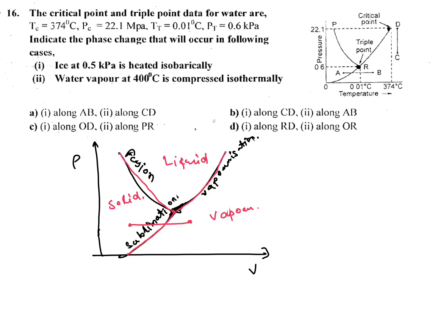Here this is the critical point and this is the triple point. This is our C to D. So ice at 0.5 kPa is heated isobarically: it's AB, constant pressure heating. Then water vapor at 400 degrees Celsius is compressed isothermally. It's along C to D. So A is our answer.